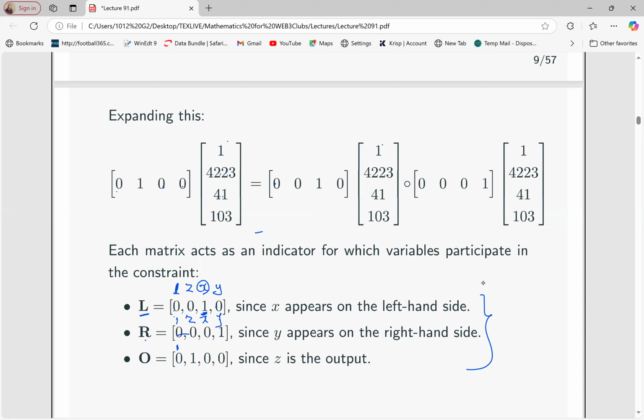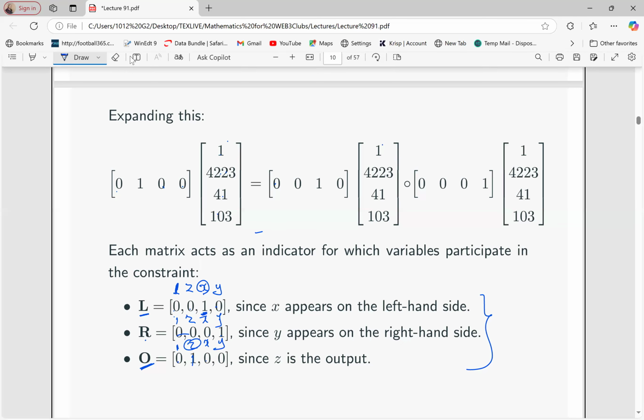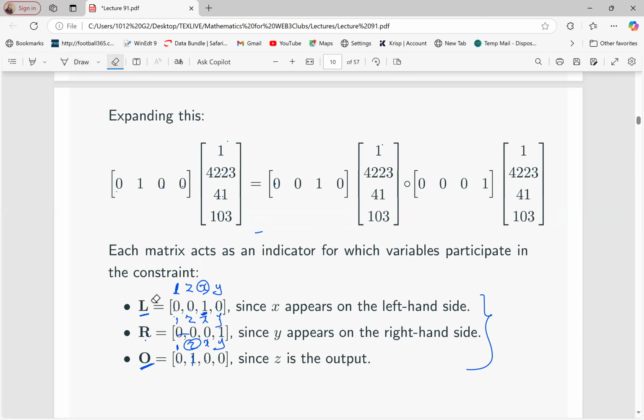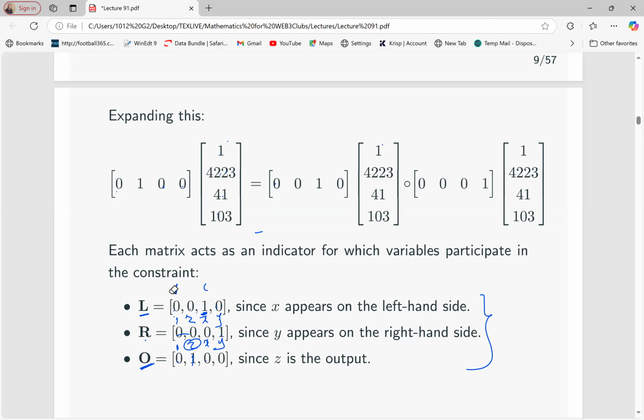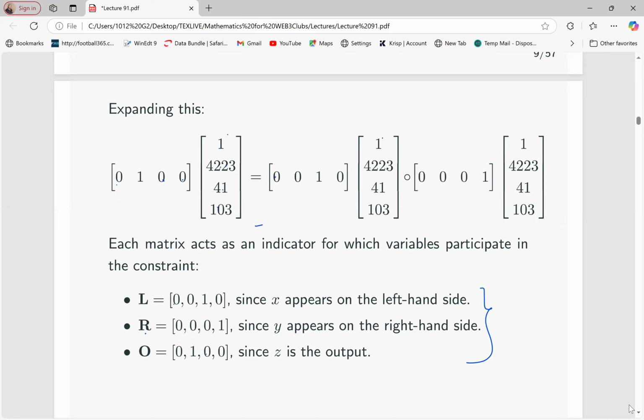And then 1, Z, X, Y, and the output was Z, so Z becomes 1, the rest go to 0. So that's how we do it for this simple example. But going forward, we'll be looking at complicated ones, and it'll be very interesting how you come up with the left matrix, the right matrix and then the output matrix.